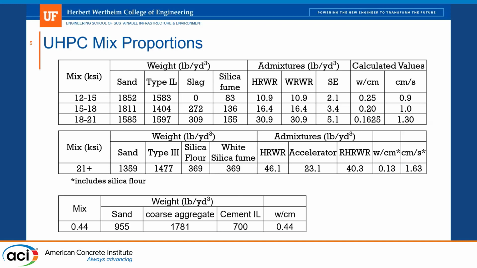For the higher mixes, the 21 plus, we are including more materials in order to gain more strength. So we include the silica flour and the white silica fume. And here is the mix design for our normal concrete. We are using a higher water cement ratio, 0.44, without any admixtures used.